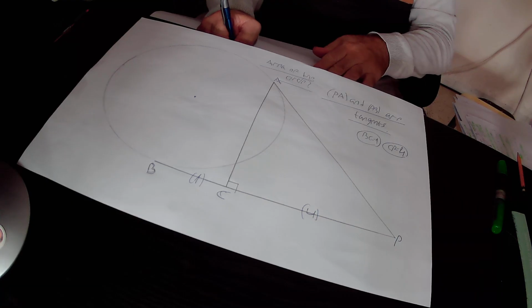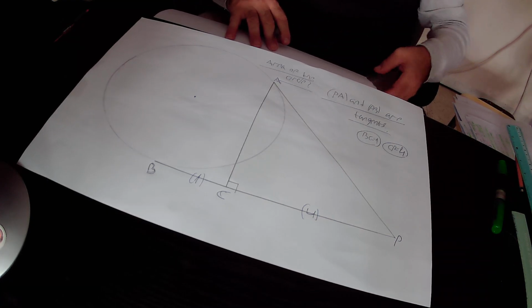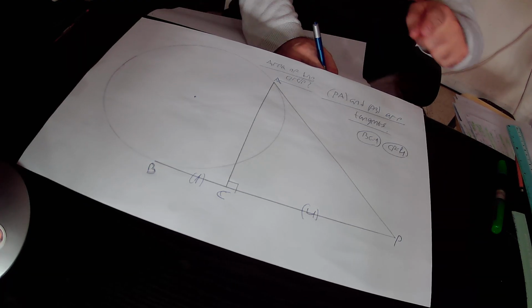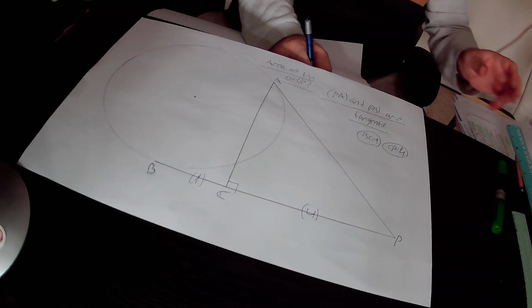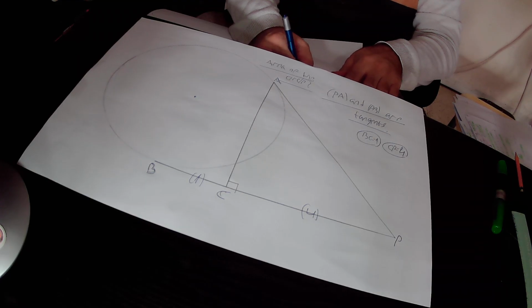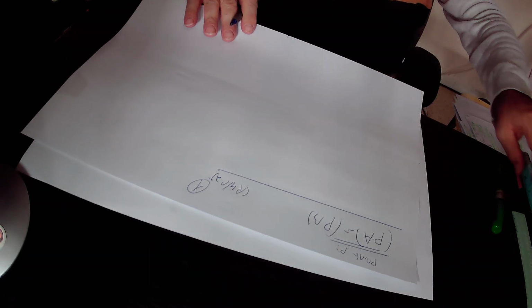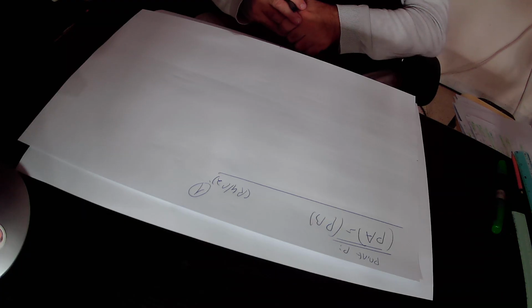And again, according to rule 2, if you focus on the exterior point P, tangent PA equals tangent PB in length.